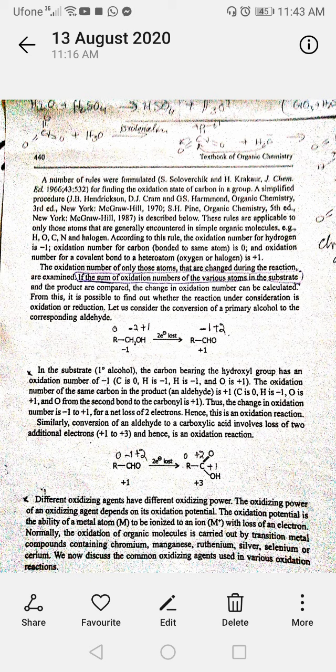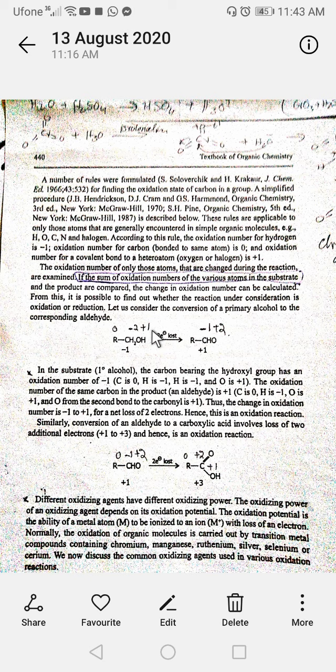Here we are seeing some examples. This is RCH2OH. One hydrogen has -1, two hydrogens are present, -2. For the carbon it is 0, for OH it is +1.